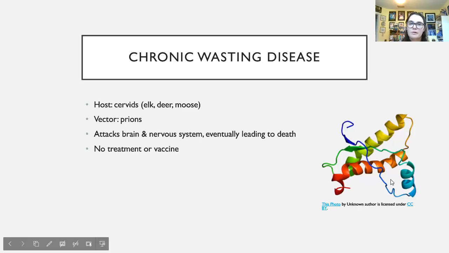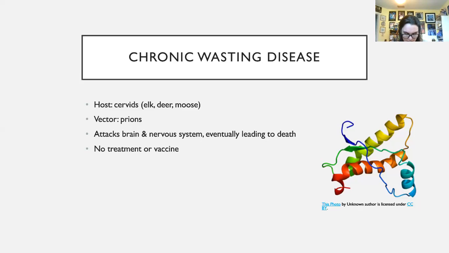And then the second one is chronic wasting disease. This affects cervids such as elk, deer, and moose. And this is caused by prions, which are an abnormal form of a protein. You can see it in the picture to the side there.